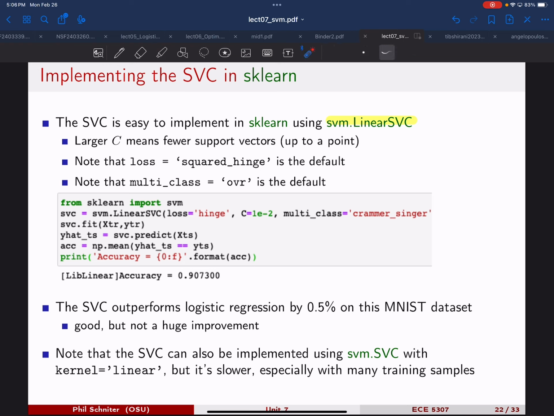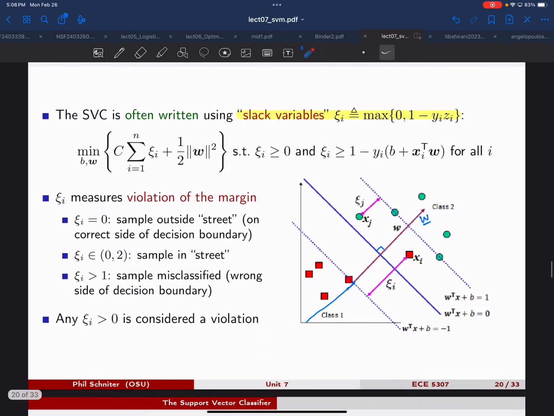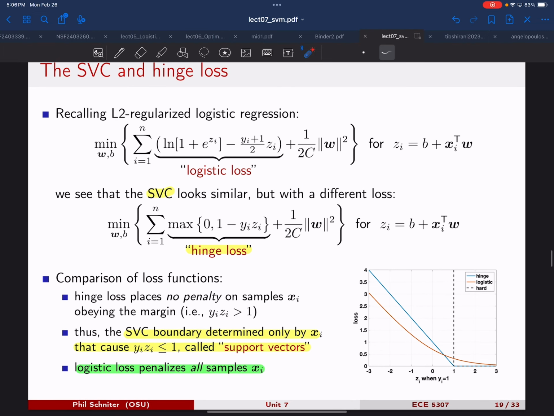Not surprisingly, you give it the C parameter. We saw today larger C means fewer support vectors, but only up to a point. There's a minimum number. What's interesting is that by default, it does not use the hinge loss over here. It uses the squared hinge loss, so it puts the square in there.